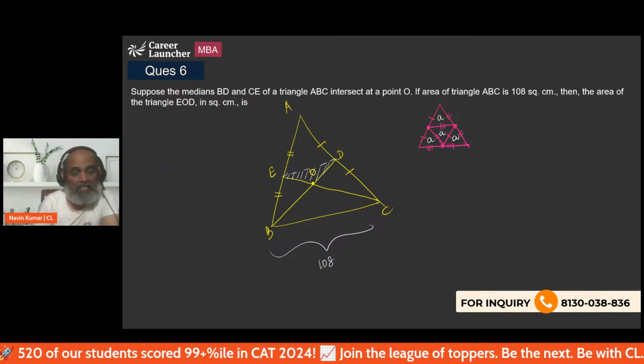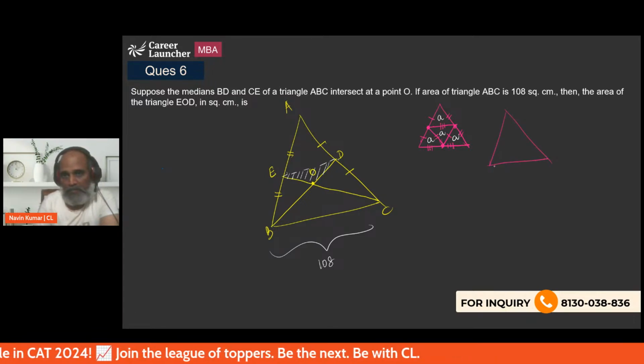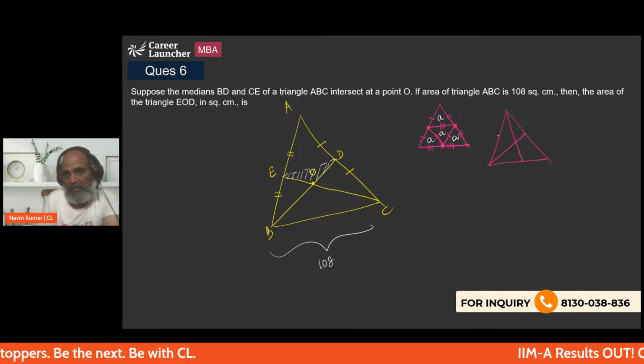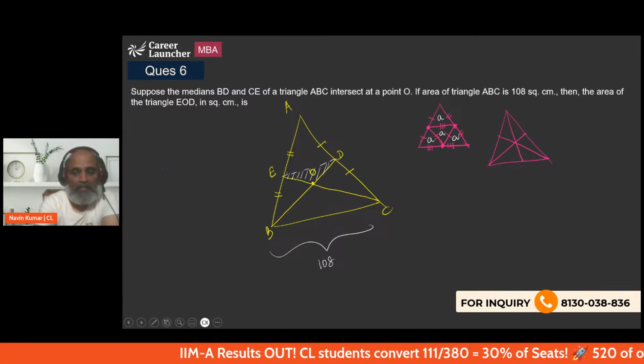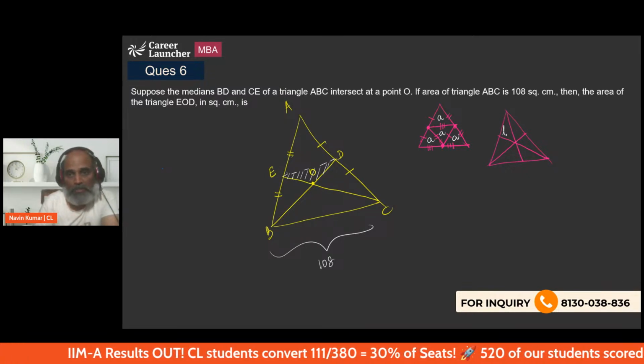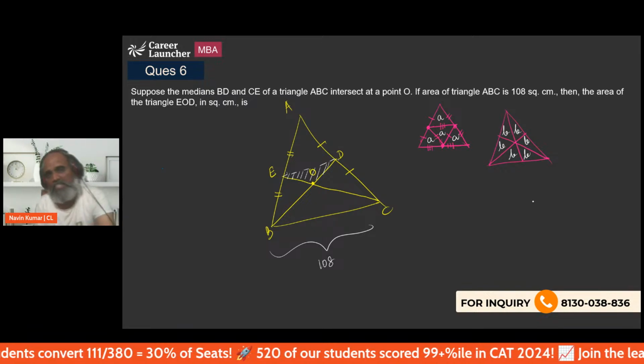Second thing, if I have any triangle of this world, and if I draw the three medians of the triangle, I get six small triangles. The area of each of these small triangles is always the same. Are they congruent? Are they similar?